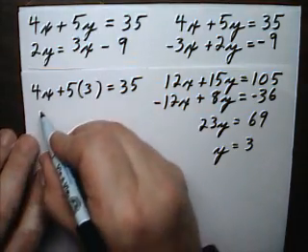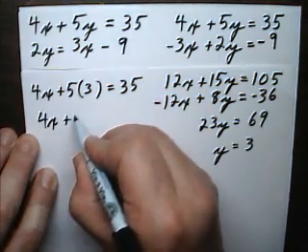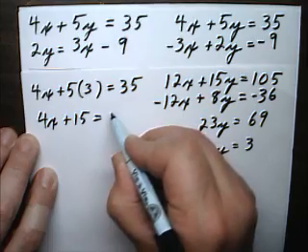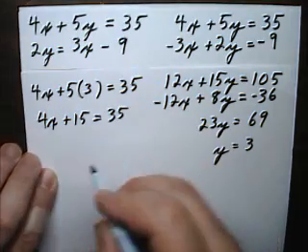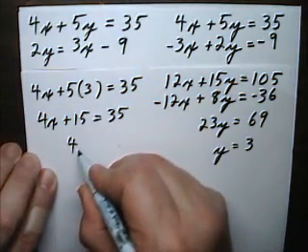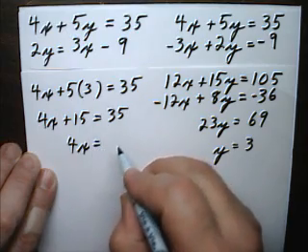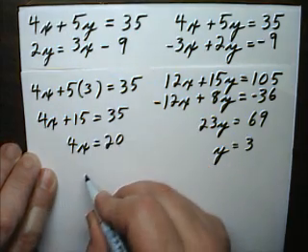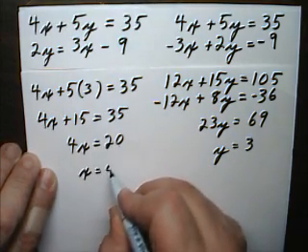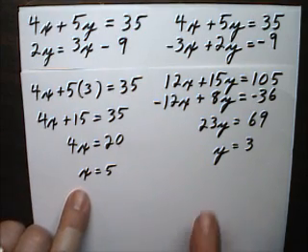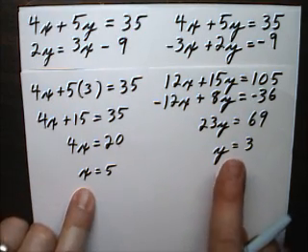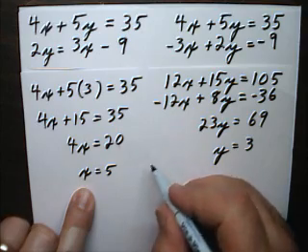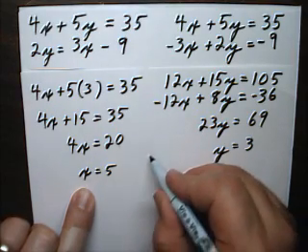Put in the 3. 4x plus 15 equals 35. Now when I subtract 15 from both sides, I get 4x equals 20, or x equals 5. So I figured out the solution is x equals 5, y equals 3, and that's the point (5, 3).